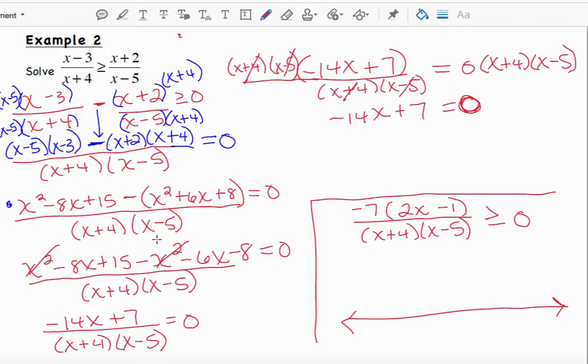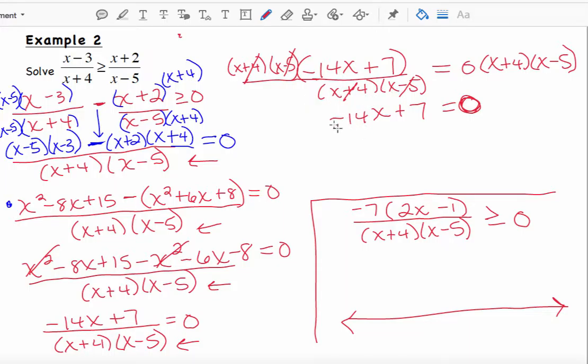The reason that you don't have to FOIL your denominator ever on the left side as you're working through is because when you multiply both sides by your denominator, it's going to cancel out anyway, and on the right side it's going to just multiply by a 0. So you don't even need to mess with it at all. It's going to go away, period.